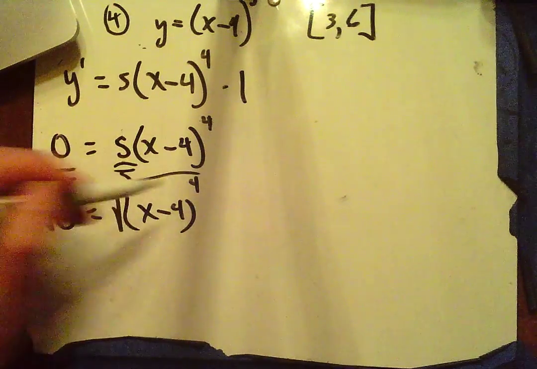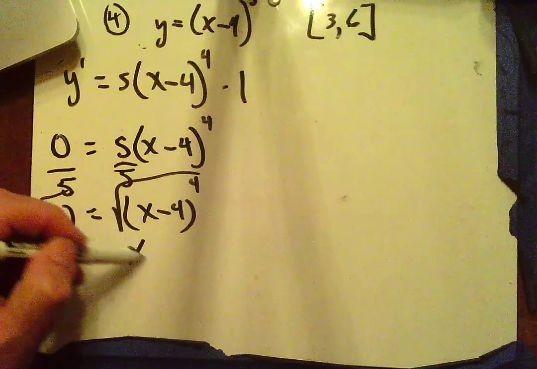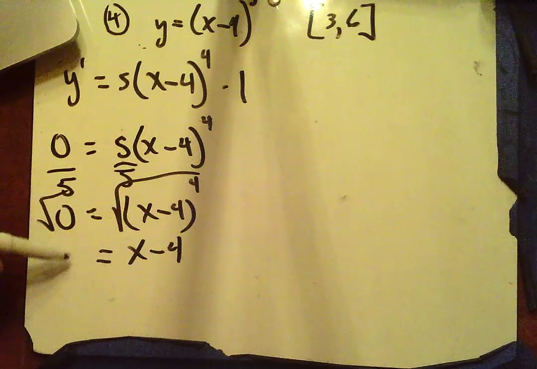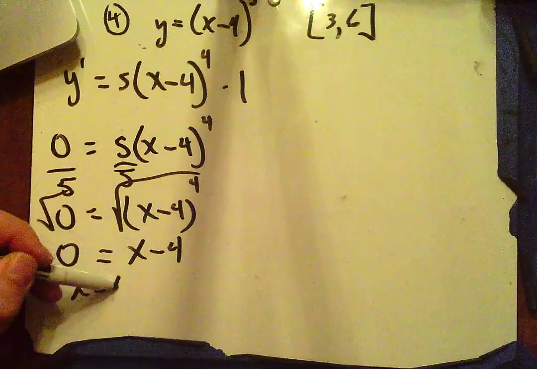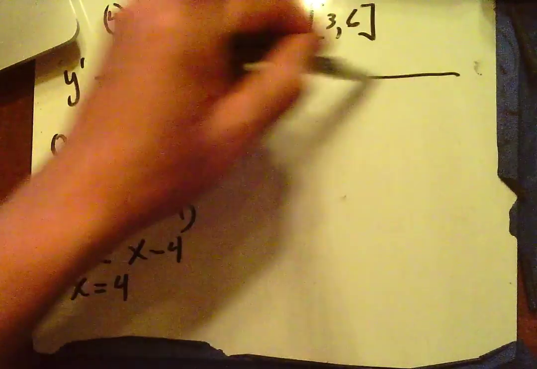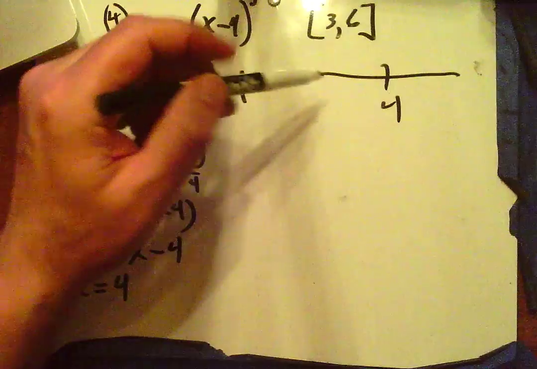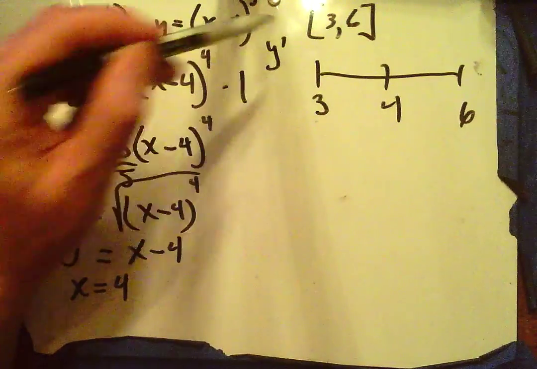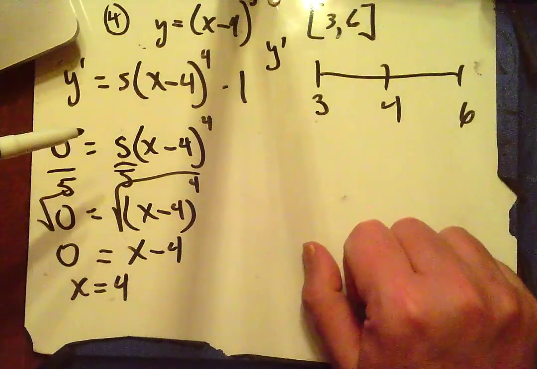And when I take the 4th root of both sides, I get x minus 4 equals, yes, it was an even root, so I should do plus and minus, but plus and minus 0 is still 0. And so I get that critical number of x equals 4. We've got 3, we've got 6, and we've got a reminder that this is y prime.